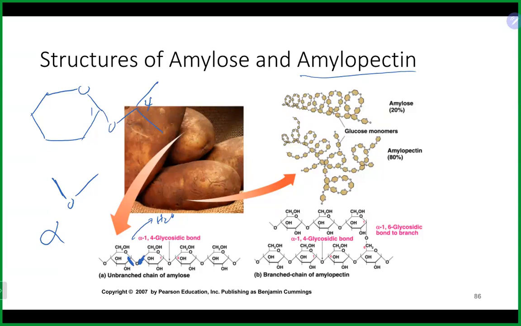It also has the same glycosidic bond at carbon number 1 to carbon number 4. But the difference here is that every so often there is a branching point. So it's a little more branched than the first one, which has no branches, it's just straight.